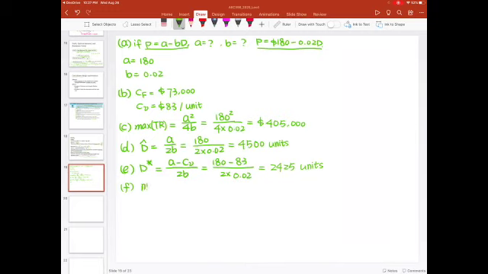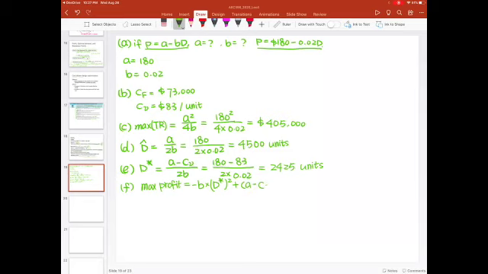So the max profit is minus B times D to the power of 2. But here we want to replace the D with D star.